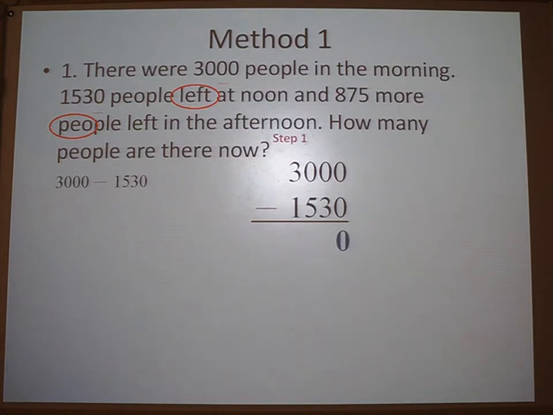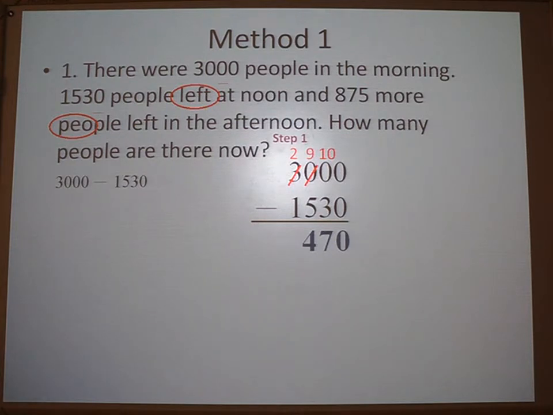So therefore, we need to borrow from the 1000th place. So for the 1000th place, it will be 2 now. And for the 100th place, it will be 10. But we need to borrow 1 to the 10th place, so it will be 9. And the 10th place, it will be 10. 10 minus 3 for the 10th place equals 7. 9 minus 5 equals 4.